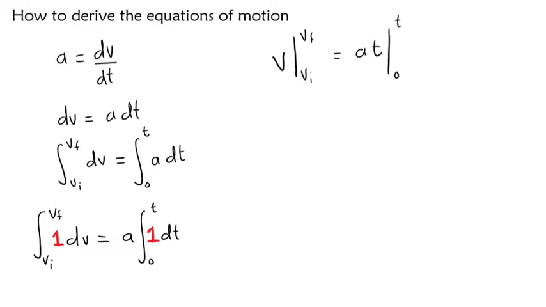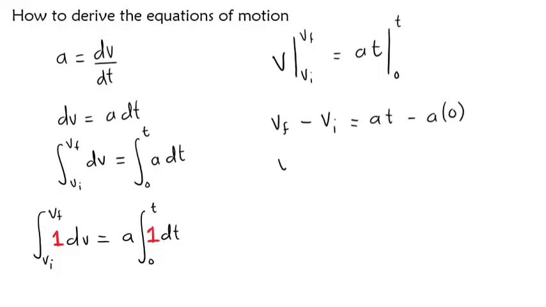Now, on the left-hand side, let's replace that v with the final velocity first. Where there's v, we'll replace it with final velocity, minus the lower limit. Again, where there's v, we'll replace it with initial velocity. This is equals to, where there's t, we'll replace it with t, minus, where there's t, we'll replace it with 0.